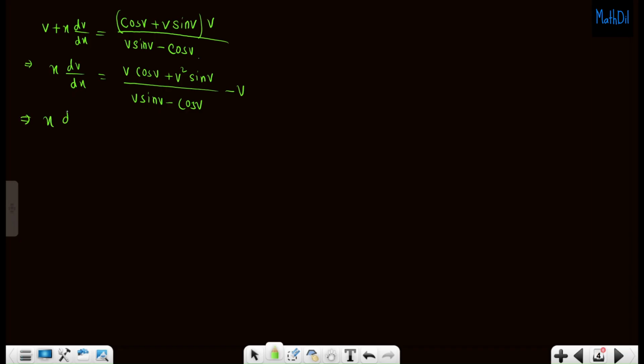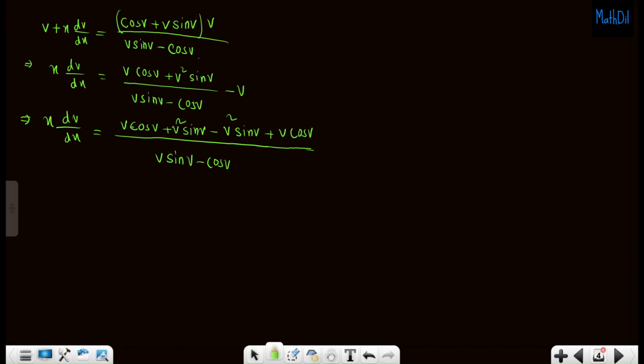And it will imply x into dv by dx will be equal to, take the LCM, so the LCM will be v sin v minus cos v, right? So it will be v cos v plus v square sin v, and multiply this term with v, so it will be minus v square sin v, minus minus will be plus, so it will be plus v cos v.